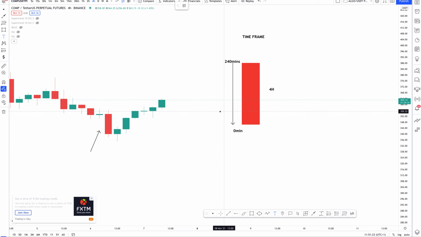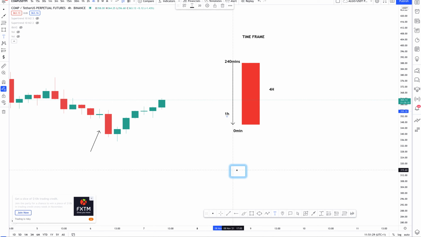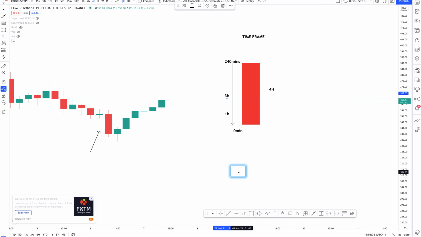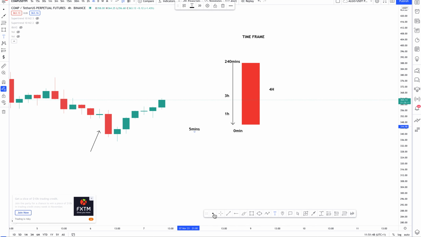You can find a 1-hour chart in these 4 hours. You find 3-hour charts in these 4 hours. You also find 5-minute charts in this same 4 hours.